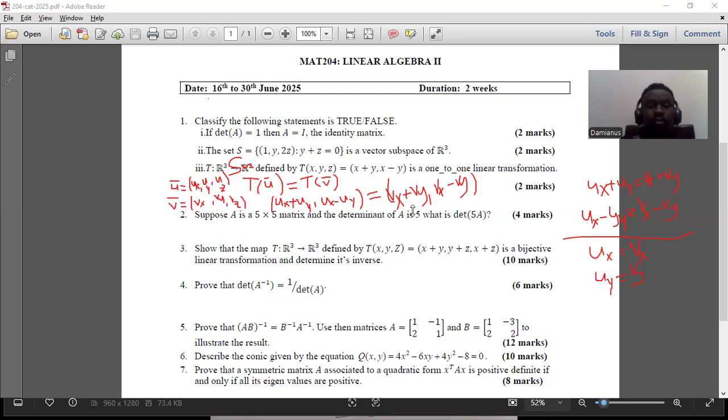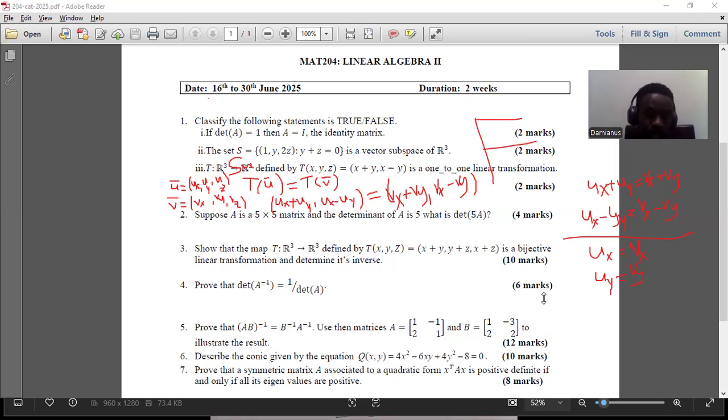Now, for this to be one-to-one, it means that ux must be equal to vx, uy must be equal to vy, and uz must be equal to vz. But that doesn't come out. That uz is not forced to be vz from our working. So we cannot conclude that this is one-to-one. Hence, this is false. So actually, the answer for all these guys was false. That's how you would work it out.